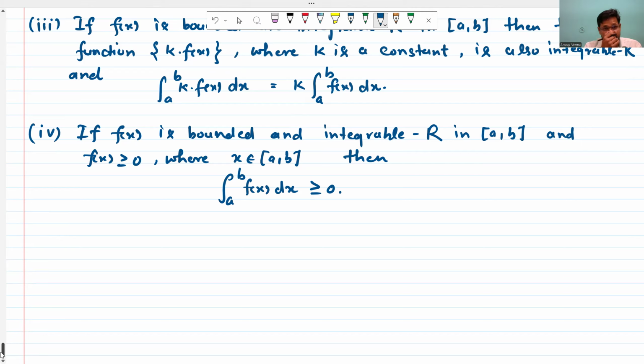So this is theorem 1, and based on theorem 1, we get some remarks. So just remember this remark.